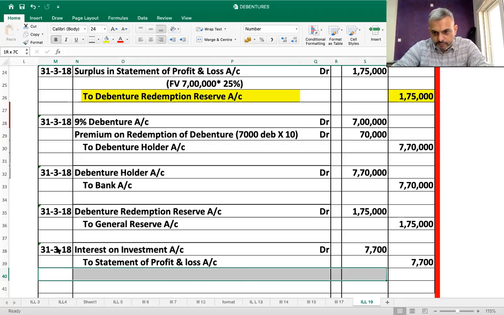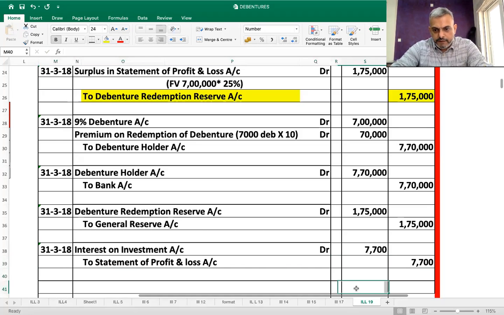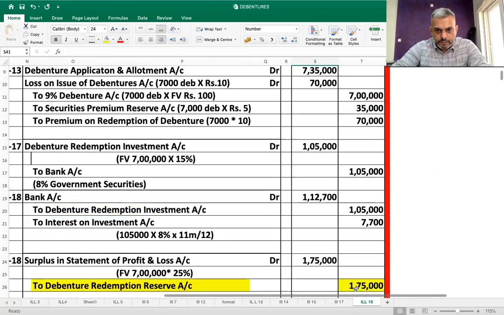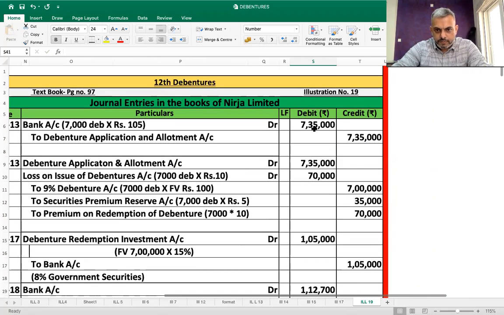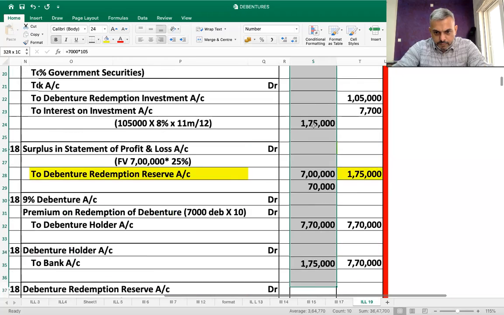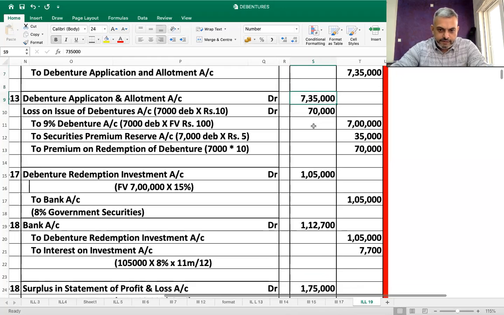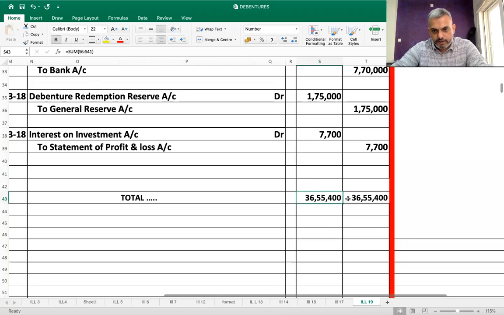Close this and let's do the total and see. Okay, there's already a formula, so it is already done over here. So total comes to 36,55,400.